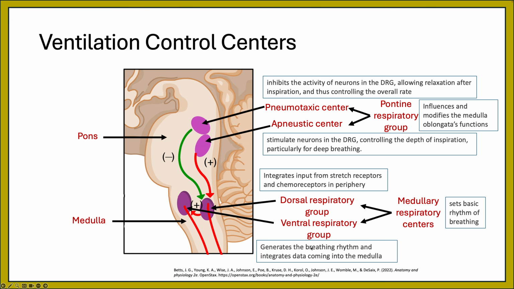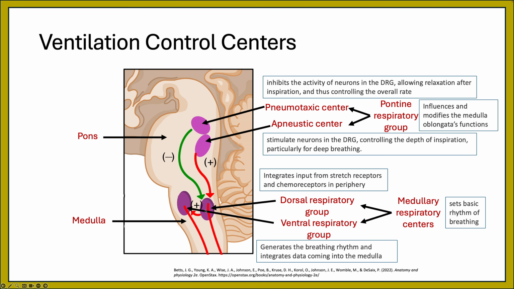The ventral respiratory group is going to generate the breathing rhythm and integrate data coming into the medulla. So stuff comes there, and then it finally goes into the ventral respiratory group to help regulate everything going down.